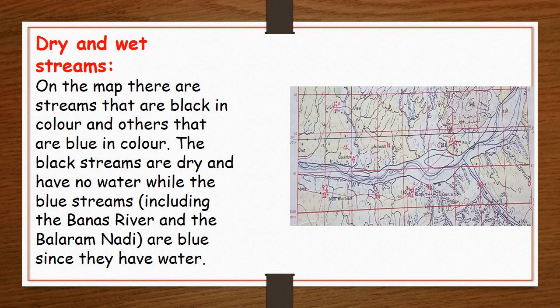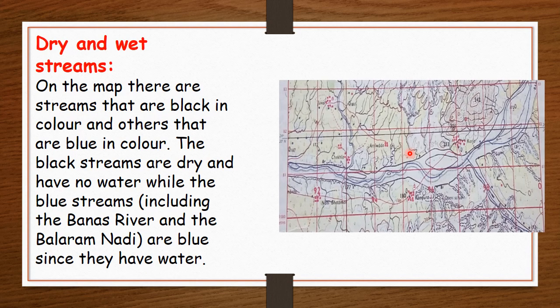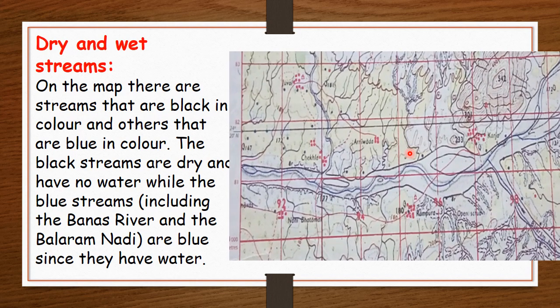Another natural feature on the topo sheet is dry and wet streams. On the map there are streams given in black color, and others which have water are blue in color. The black streams are dry and have no water. That is the reason black color is used for them. They are generally found in dry regions.